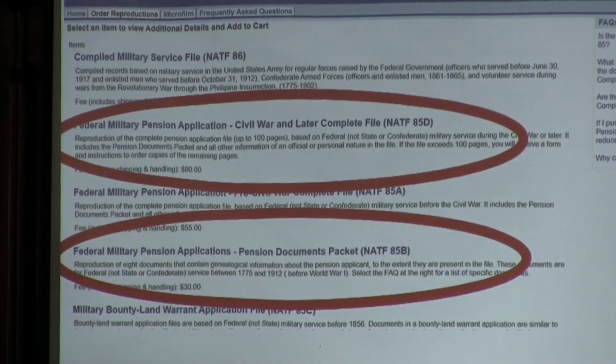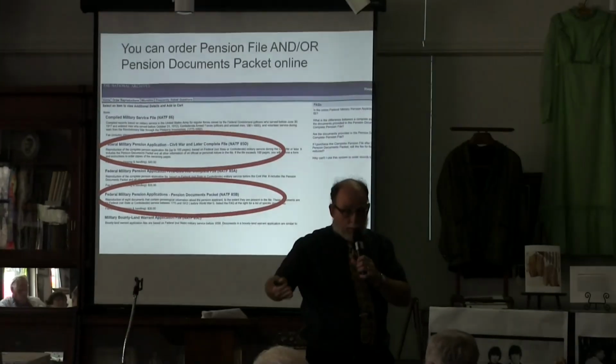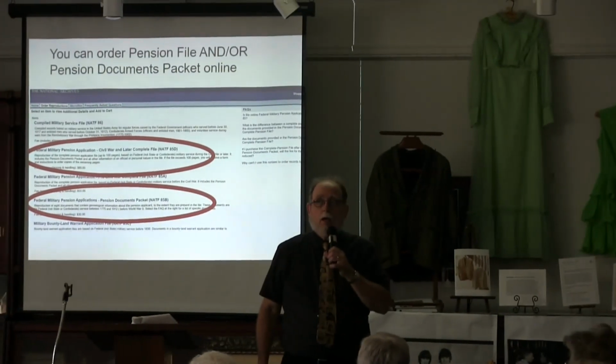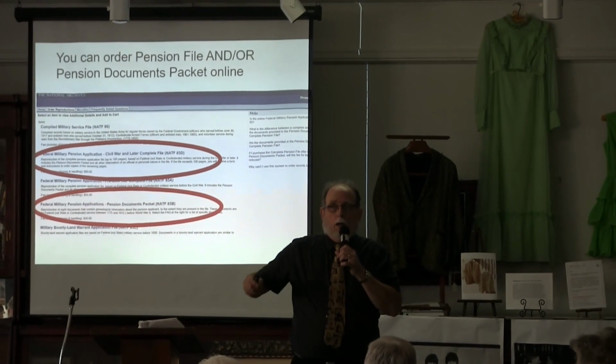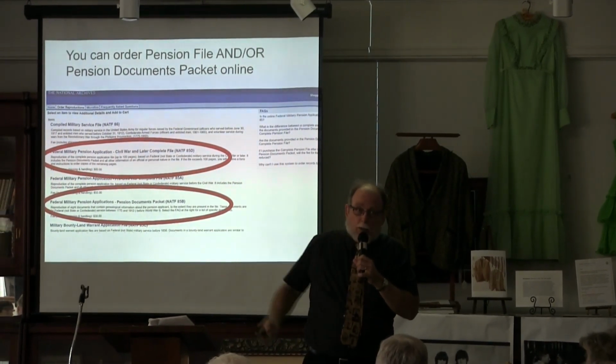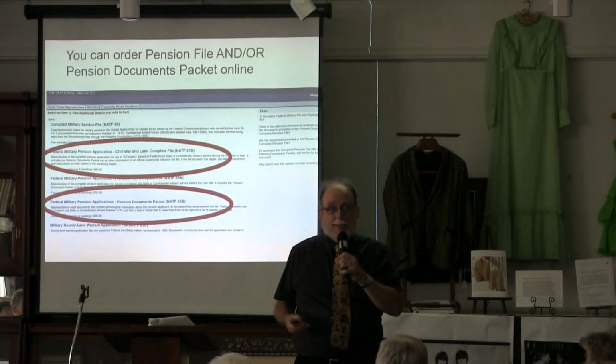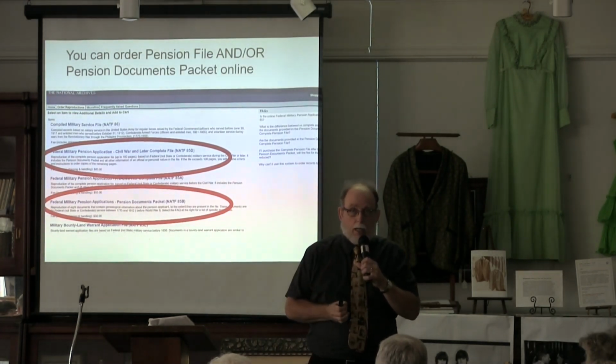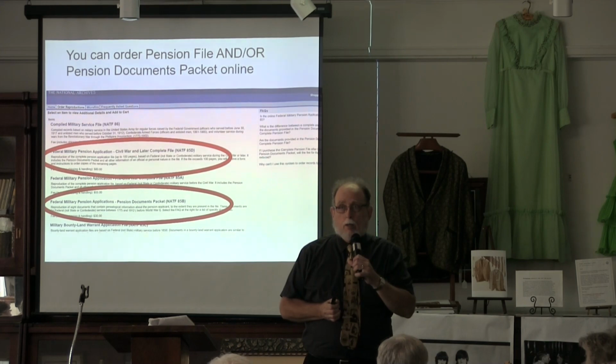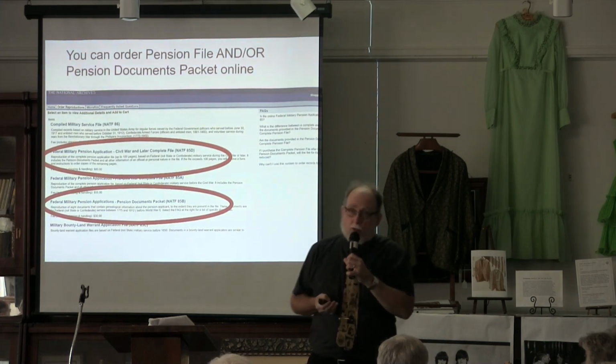And by the way, you can get up to 100 pages from the pension application file. It's possible that someone's file is bigger than that, and then you'd have to pay 70 cents per additional page. But there could be a lot of information in that.